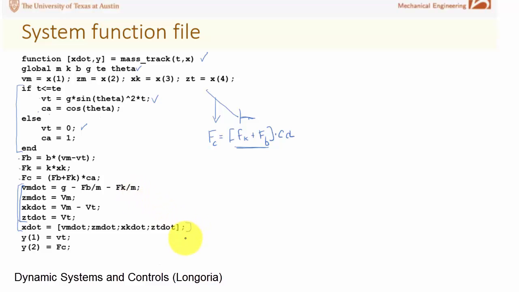And then I define my state vector. Two possible outputs that I might want to also look at are the contact force and the vertical velocity, which is not a state. So I put it into my output variable so that I can pull them out of here after I run my simulation.